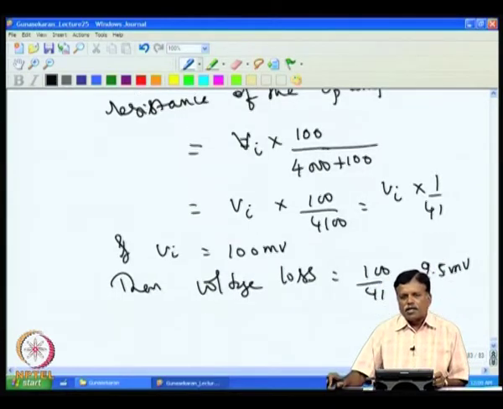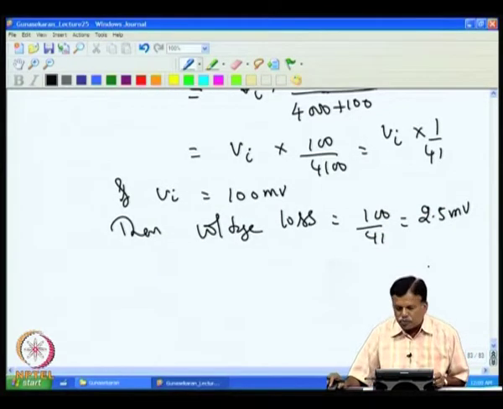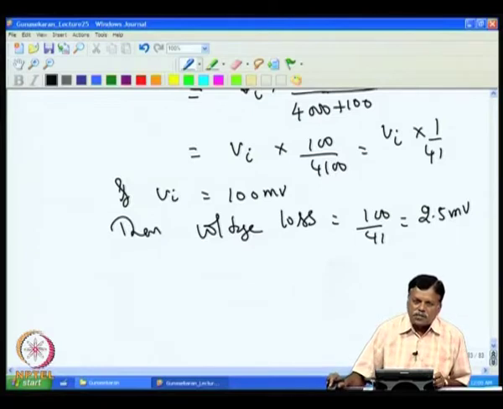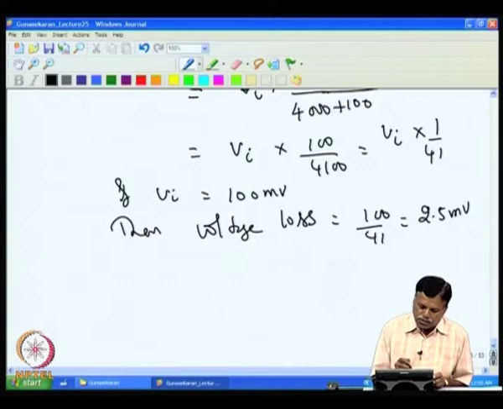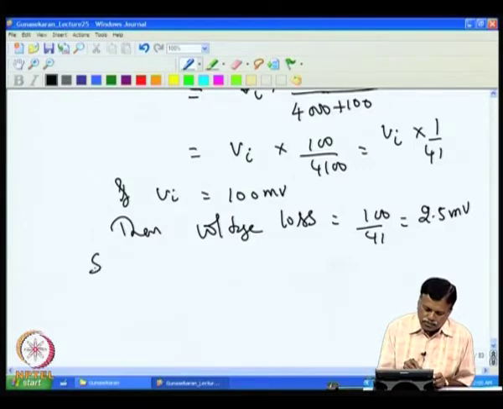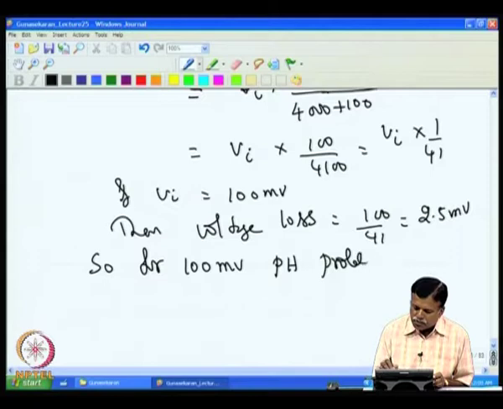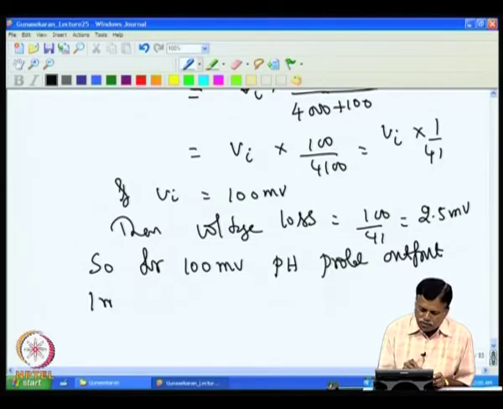So, if the pH probe output is 100 millivolt, then 2.5 millivolt is lost due to the input resistance effect, and 1 millivolt is lost due to bias current.